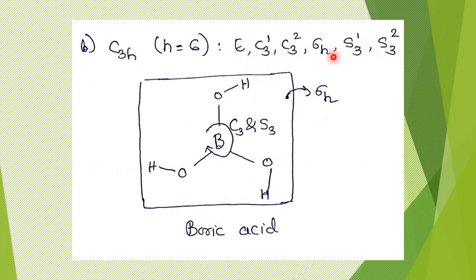Sigma h will be present. When we have C3 along with sigma h, we can even have an S3 axis. The S3 axis and C3 axis will be collinear in this case. On the S3 axis, two genuine improper rotations will be possible, which are S3^1 and S3^2. So totally 1, 2, 3, 4, 5, 6 different symmetry operations are possible on this C3H molecule.